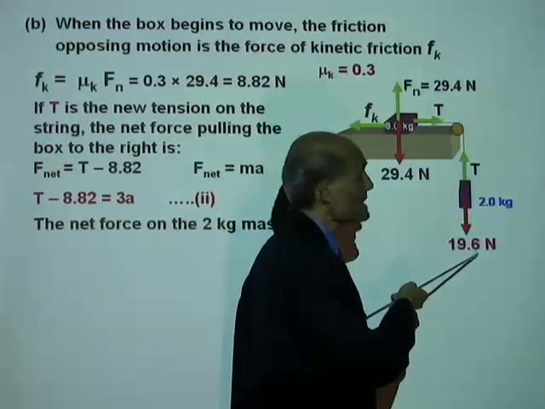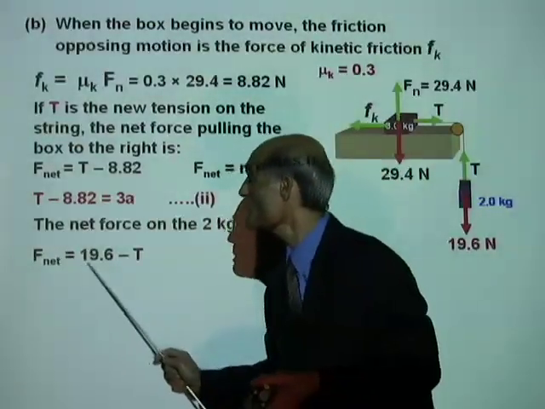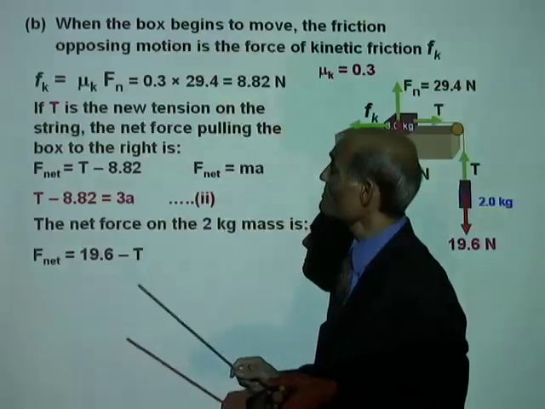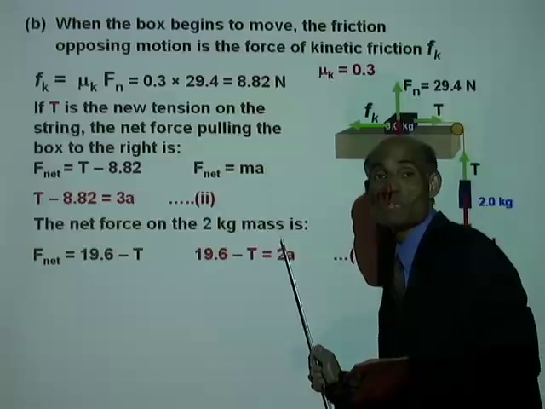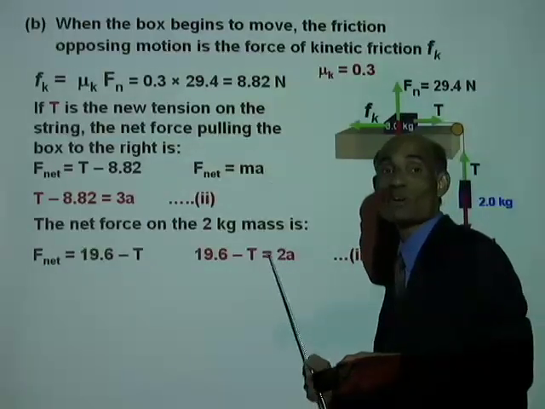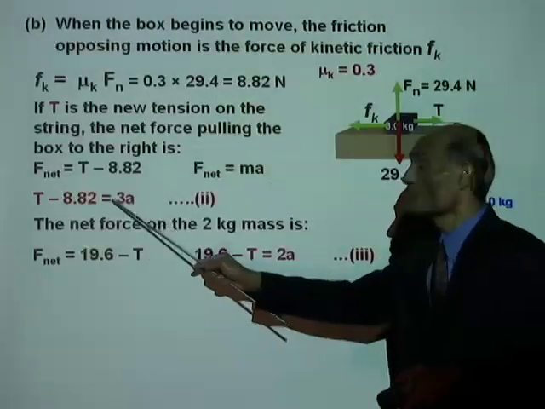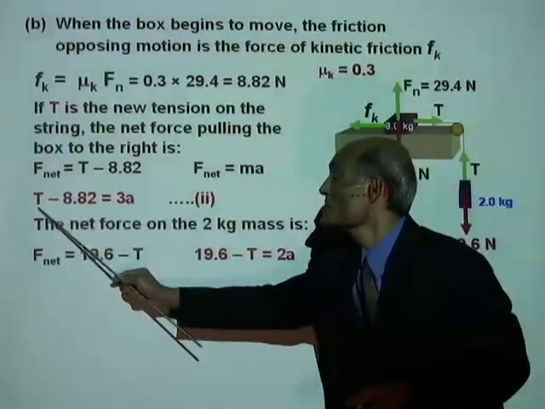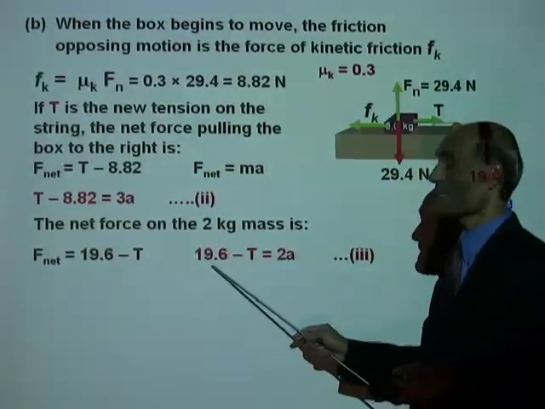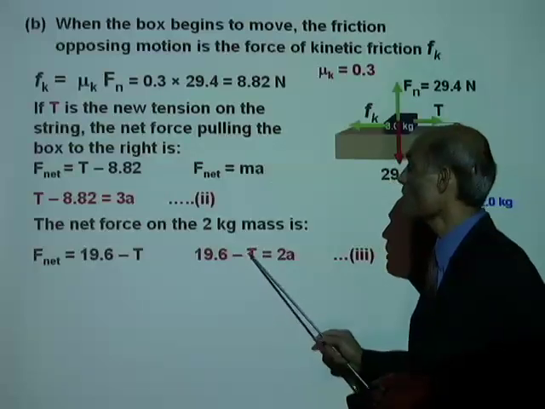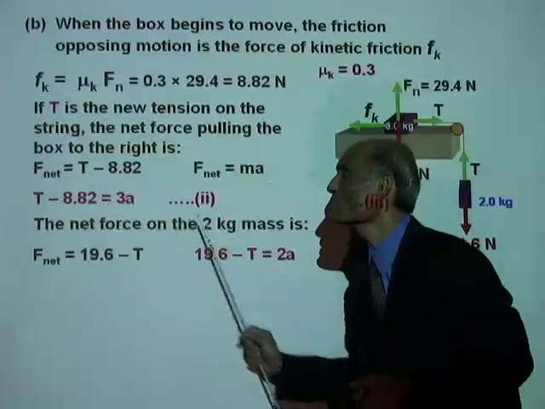That net force will be 19.6 minus that T. So F net equals 19.6 minus T, and that net force must be equal to mass times acceleration of that mass. Now you have two equations. The first one is T minus 8.82 equals 3A. The second equation is 19.6 minus T equals 2A. Can you solve these two equations quickly?